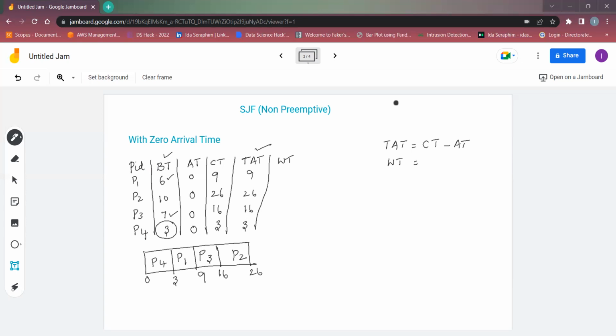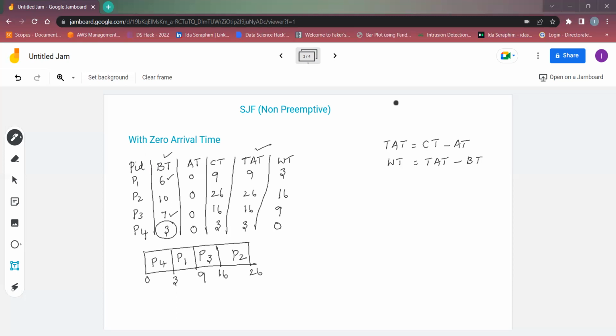The formula here is the turnaround time minus the burst time. For process P1, turnaround time is 9 and the burst time is 6. So 9 minus 6 will be 3. And same here, 26 minus 10 will be 16, and 16 minus 7 will be 9, right? And then 3 minus 3 will be 0.